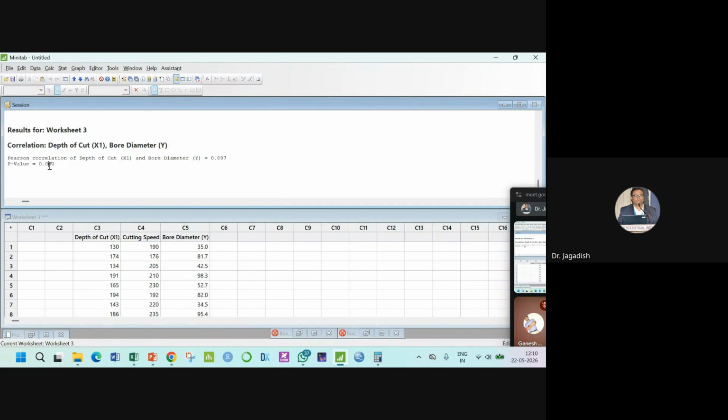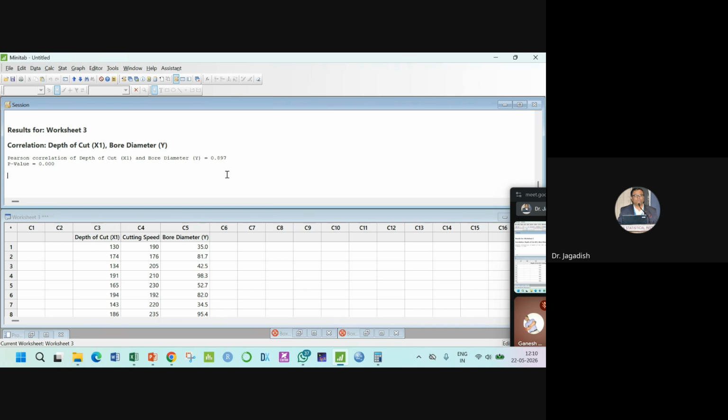But if the p-value is greater than 0.05, then obviously there is a chance that the relation is not a relation, that it may be closer to zero. So we do not know. So we can say that there is a positive relation with an 89.7 degree of relationship, or strength of the relationship. So this is the first step.